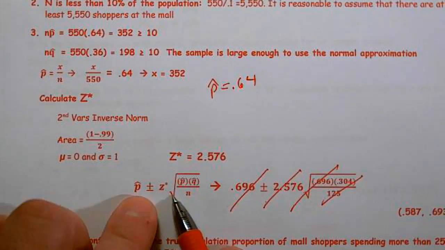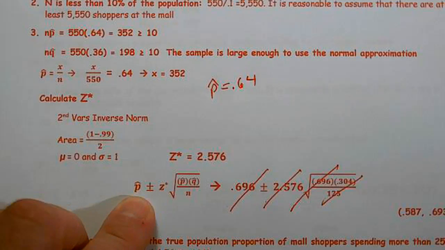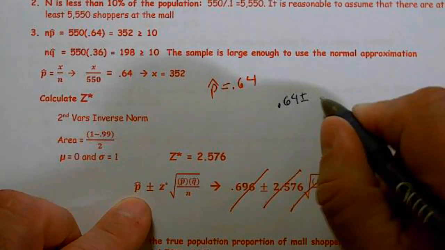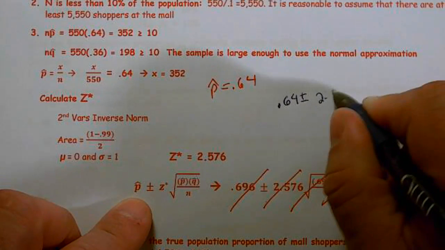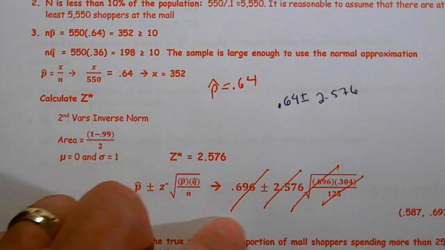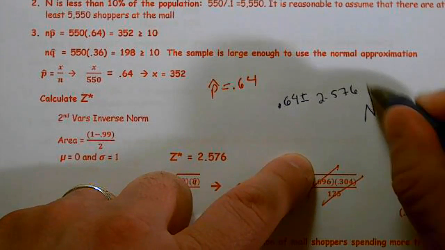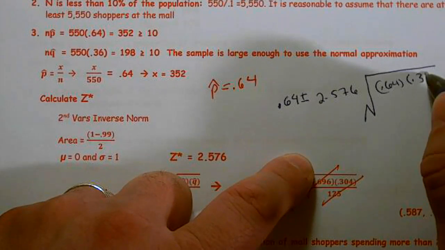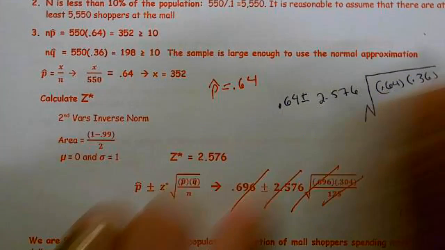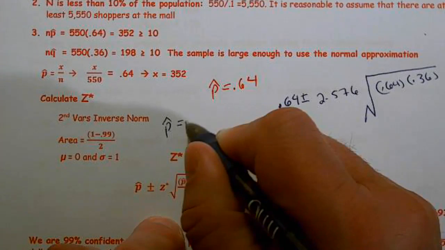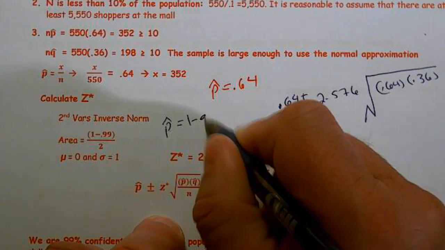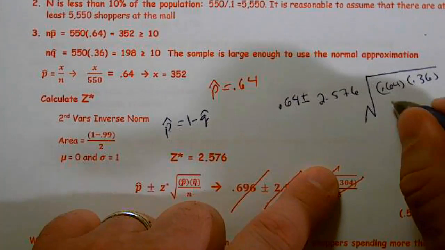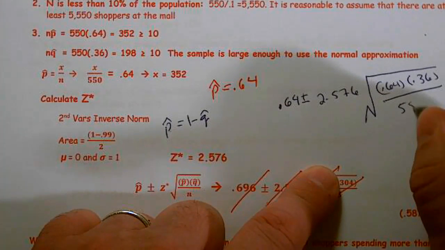So when I plug into this equation, what should have been written is 0.64 plus or minus 2.576 times the square root of 0.64 times 0.36, because q hat is 1 minus p hat, so that gives me the 0.36, and my sample size was 550.